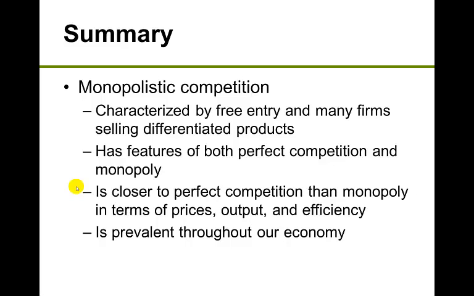You think of all of these different goods where there are a lot of different firms selling slightly different things. Restaurant meals are a classic example. You go into a store to buy clothing, you can buy different brands of jeans. Those different brands are all trying to differentiate themselves. So this is probably the most realistic and prevalent market structure.